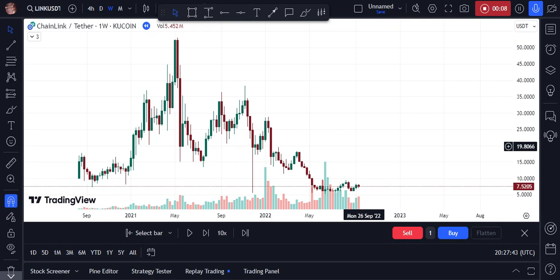Are you looking for a coin that is able to give you a 400% to 500% profit in the short to medium term? Are you looking for such a coin?